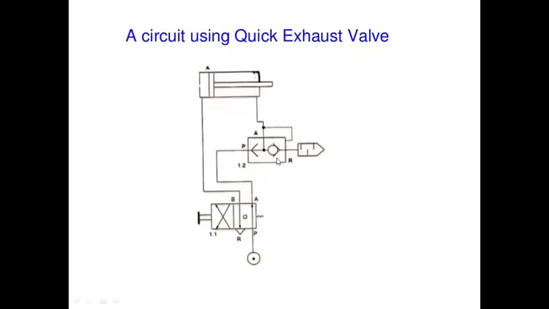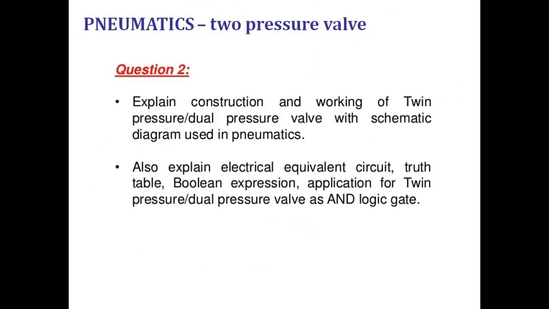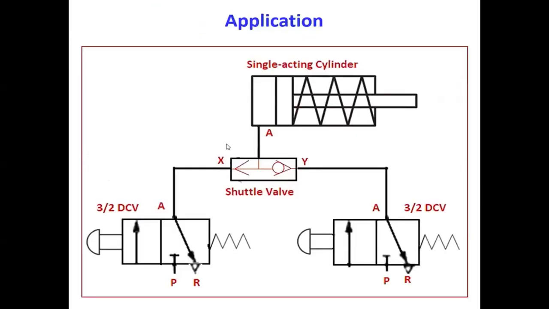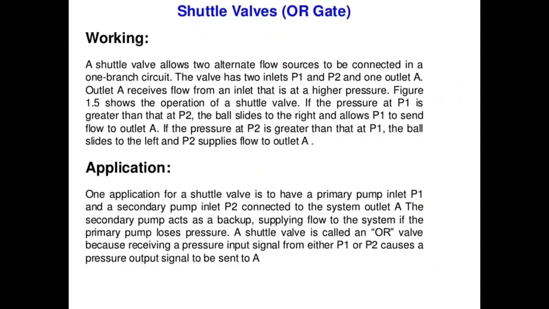In this way, we have studied the shuttle valve. Function of shuttle valve: the shuttle valve allows alternate flow source, like P1 and P2 ports, and outlet A receives from the inlet that has higher pressure.